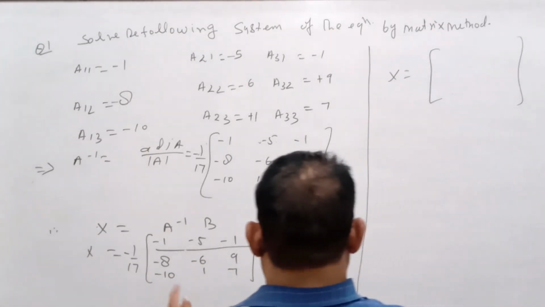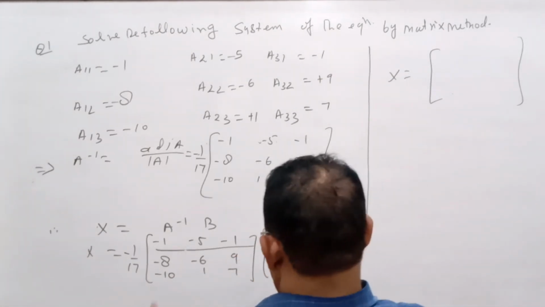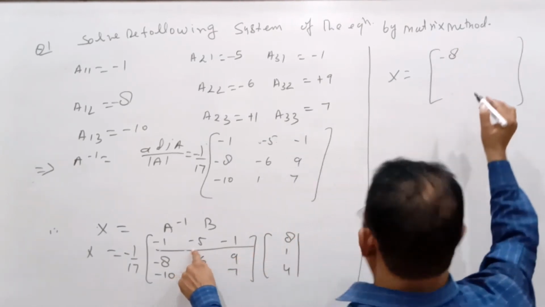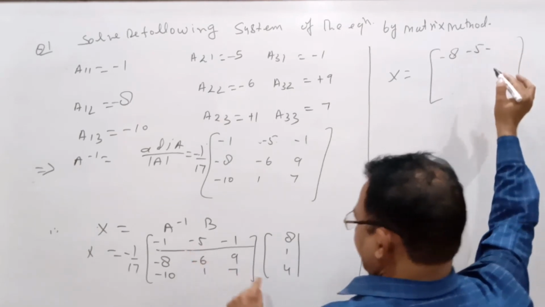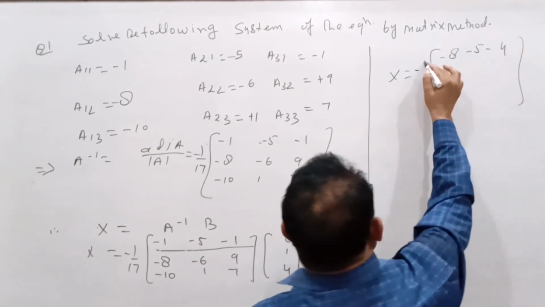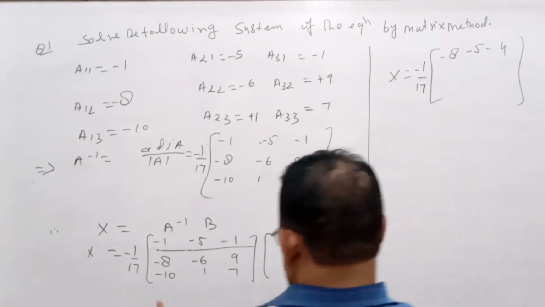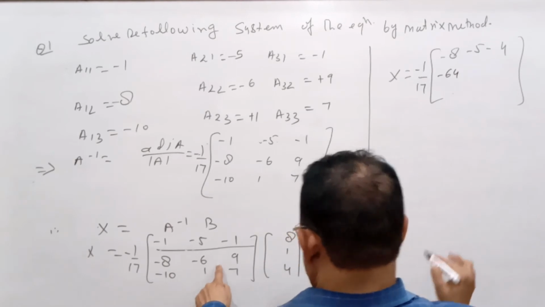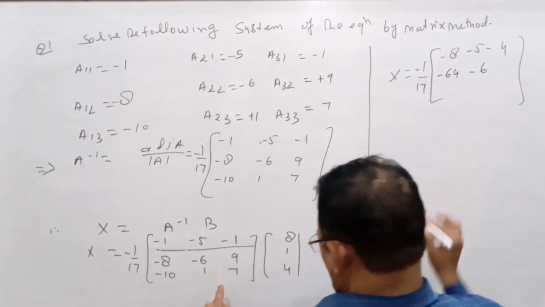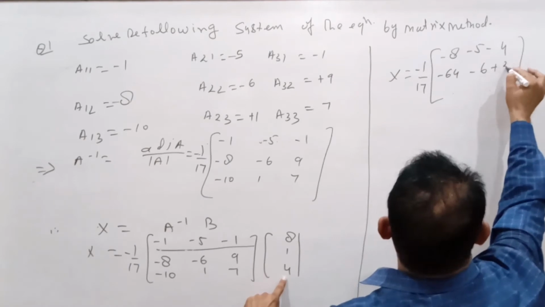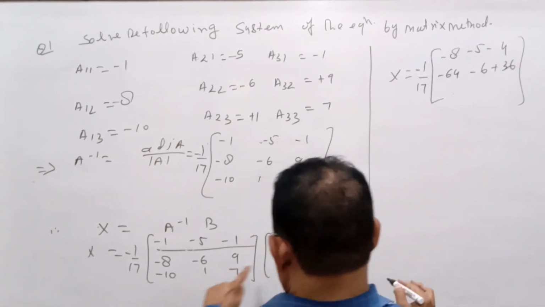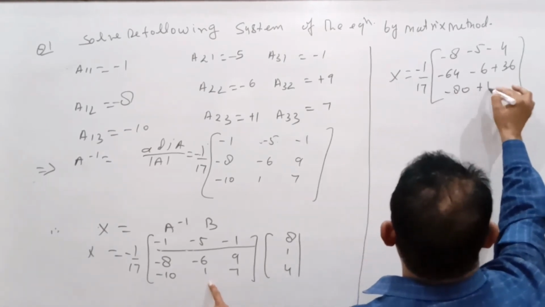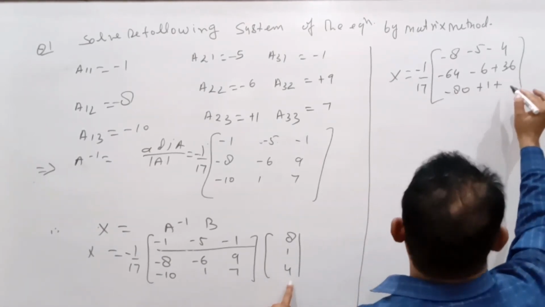So therefore, first of all we find the multiplication: minus 8, minus 5, minus 4, with minus 1 upon 17. Minus minus 8 is 64, minus 6 gives plus 36, minus 80, then 1 and plus 28.